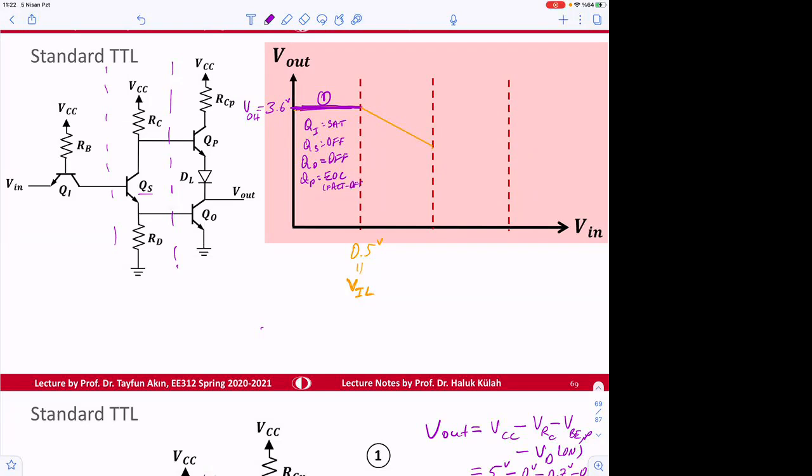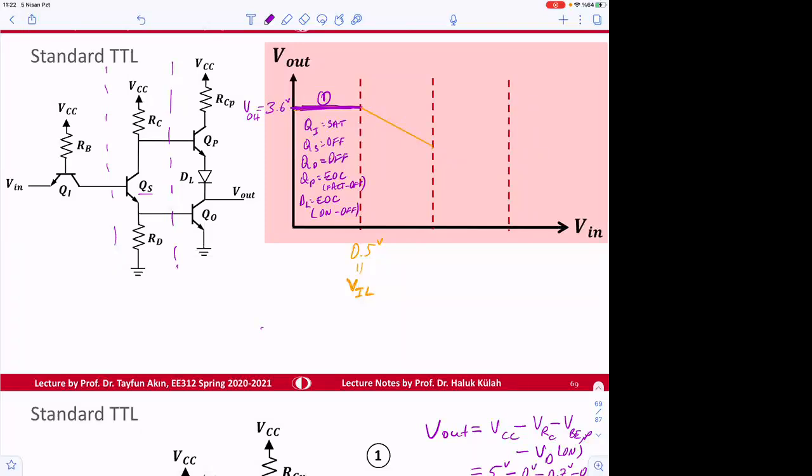DL is again edge of conduction, between on or off. Voltage-wise it is 0.7, but no current, or very small current, is passing. So we say it's kind of edge of conduction.